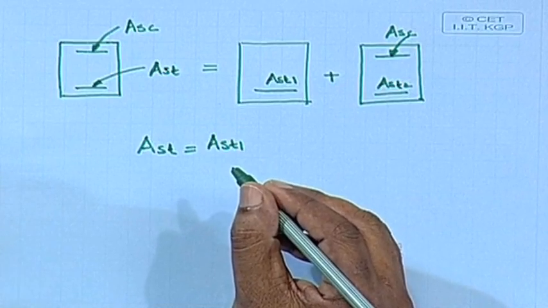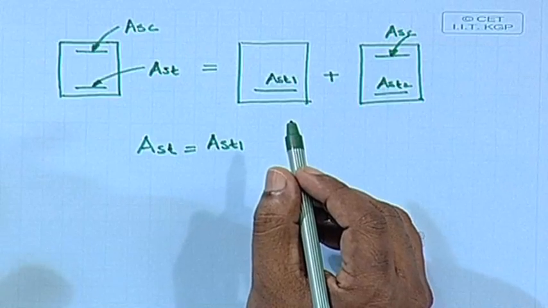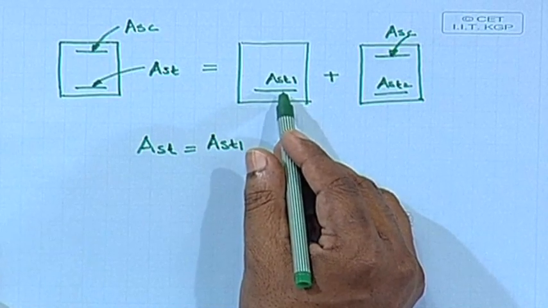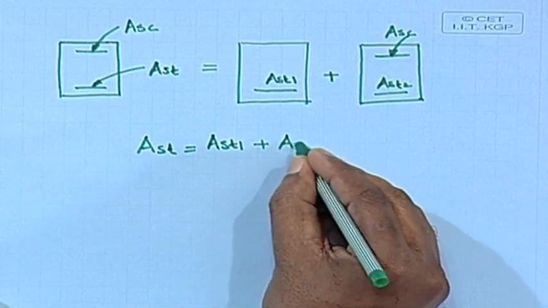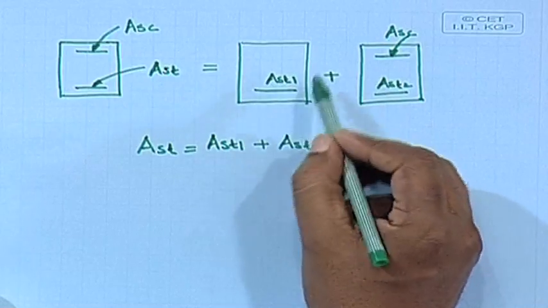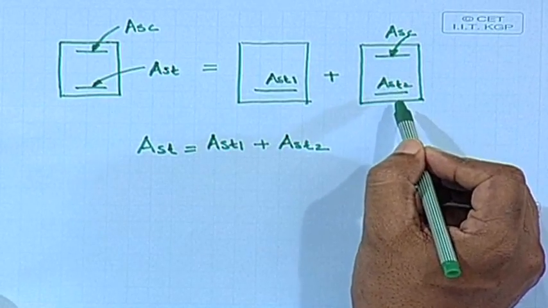We are taking it here as a balanced section. Due to the balanced section, whatever steel we require, that is AST 1, plus AST 2. Individually this portion will be in equilibrium, as well as this one will be in equilibrium.